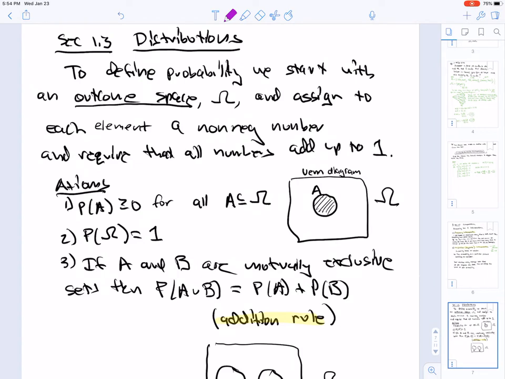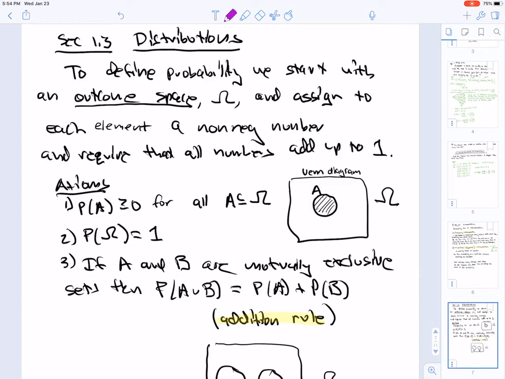You can think of omega as some box or some square with total area 1, and A is a collection of elements in the set. Let's just denote it as this circle here, and the probability of A we can think of as the area of that circle.